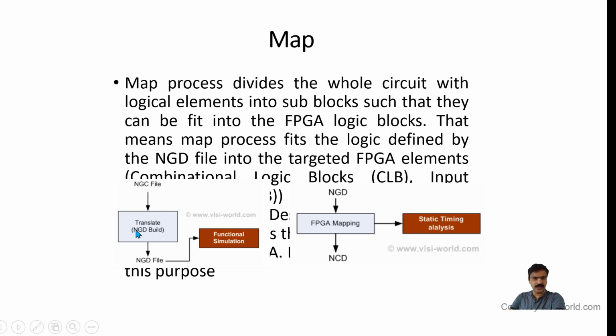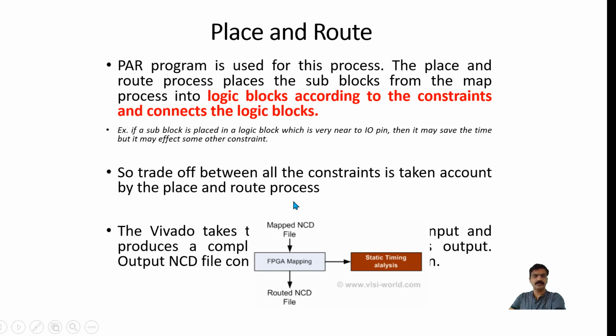So the NGC file is the input to the translate step, and you run the NGDBuild algorithm, and an NGD file will be generated, which can be utilized for functional simulation. The NGD file will be given to the FPGA mapping algorithm, and you get an NCD file. You can perform static timing analysis on this NCD file after the mapping stage.